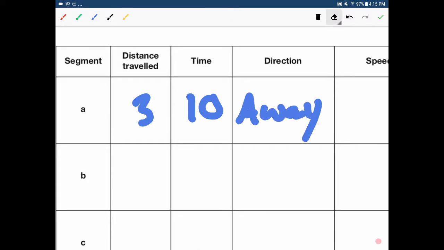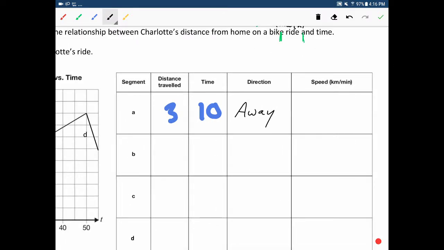Maybe I should be using, let's try a skinnier pencil now. It doesn't work so well here. Away, there we go. So now we can figure out the speed by taking the kilometers that she's gone and dividing by the amount of time it took her.